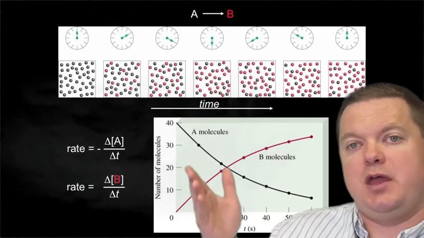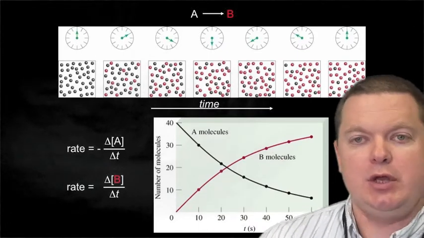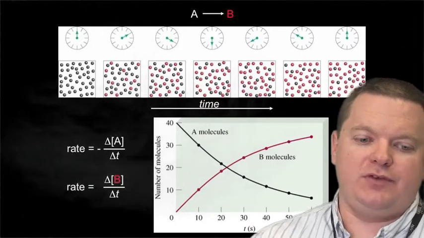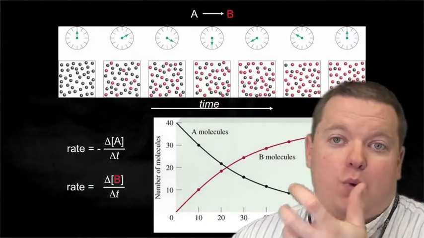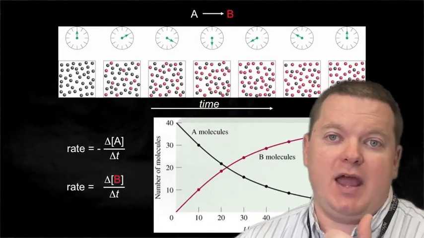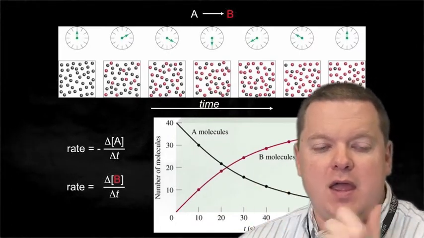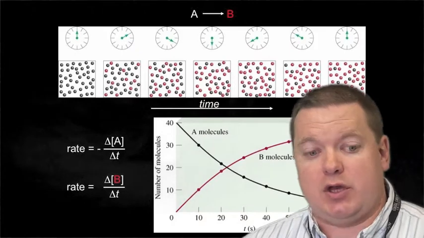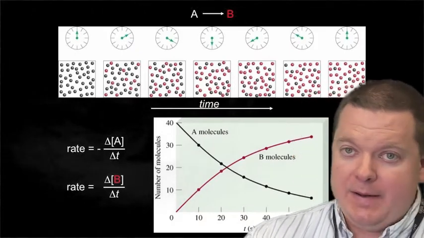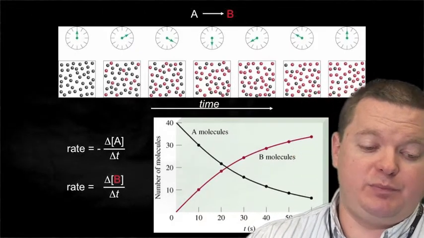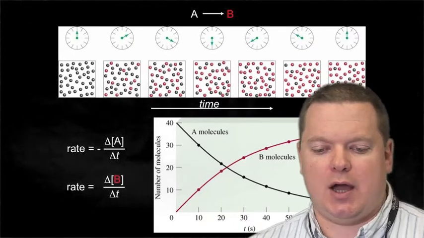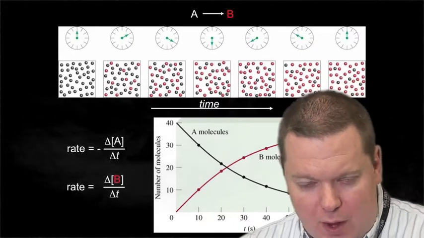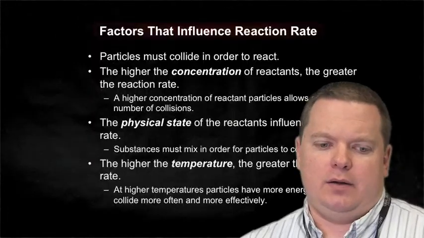At the same time, the number of molecules B goes up, which is dictated by these rate equations. That we can monitor the rate that A is disappearing because it's the negative change in concentration of A divided by however much time we're following this reaction. Or the rate of appearance of B is the rate of concentration change of B over the change in time. That's what we're talking about there.